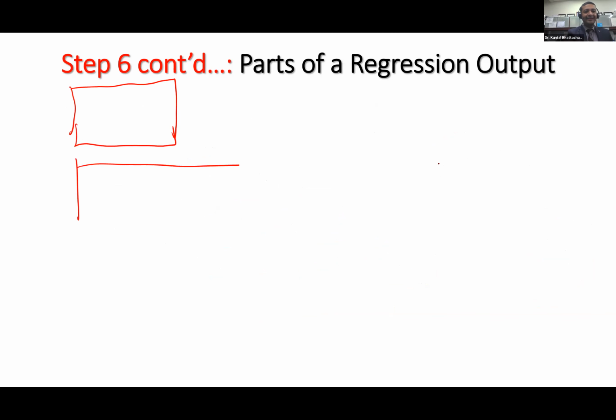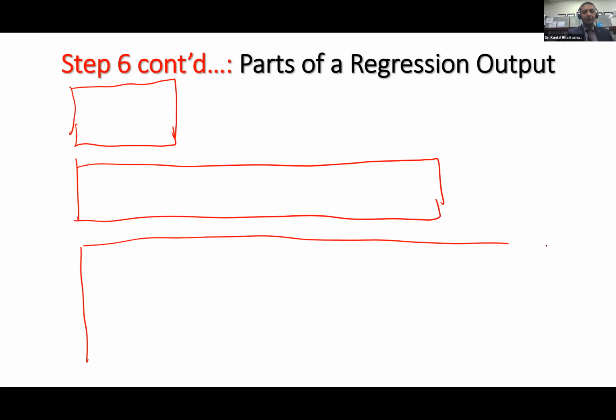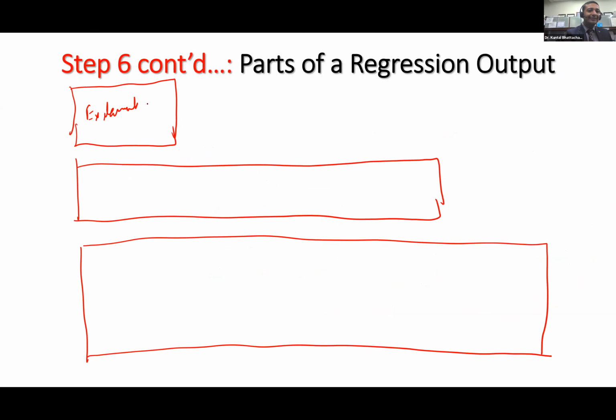So in essence, there are 3 parts of a regression output. The first part is what I define as explainability. The second part, I'll come to later. Let's go by each part.